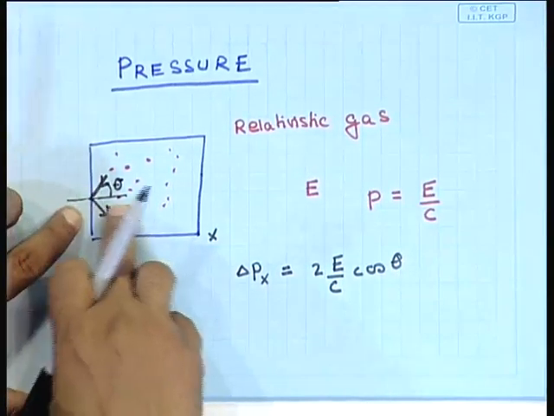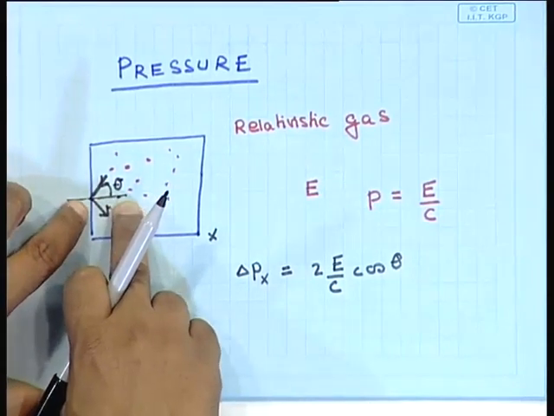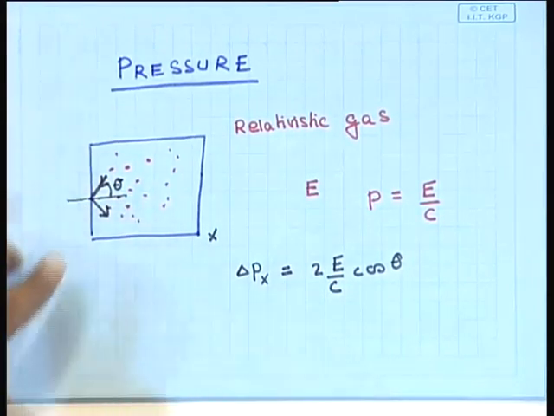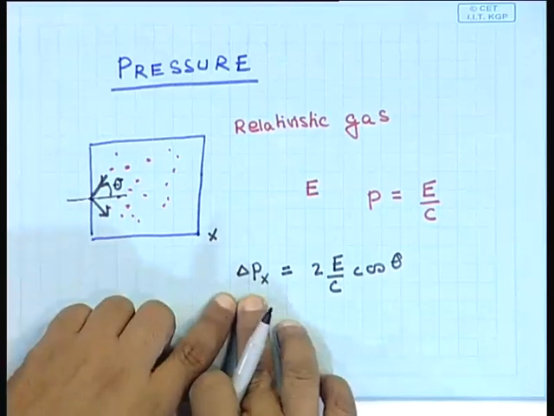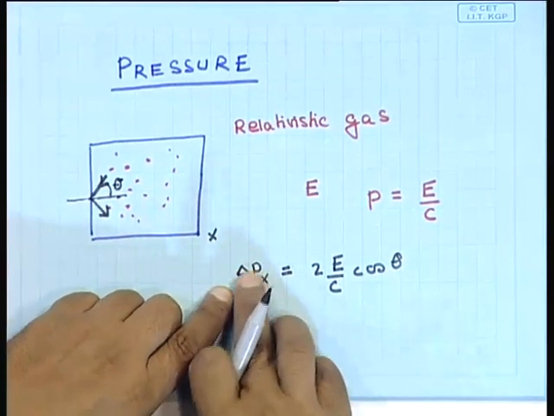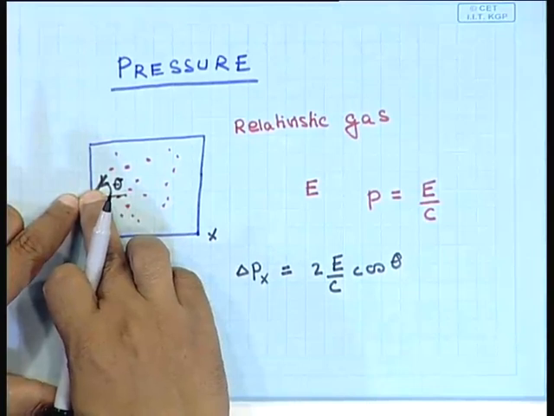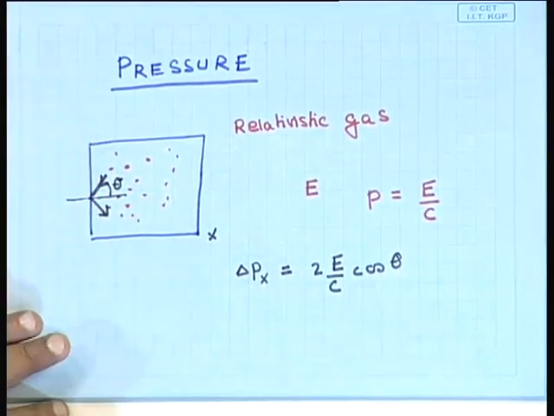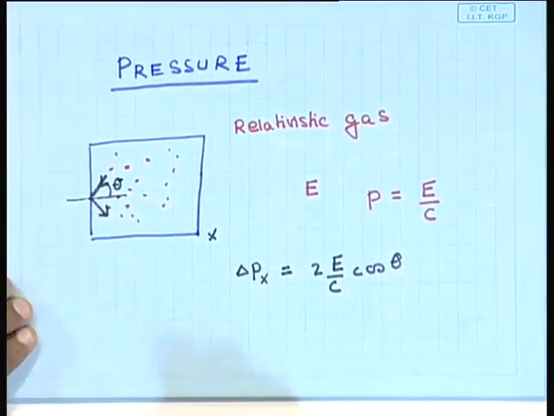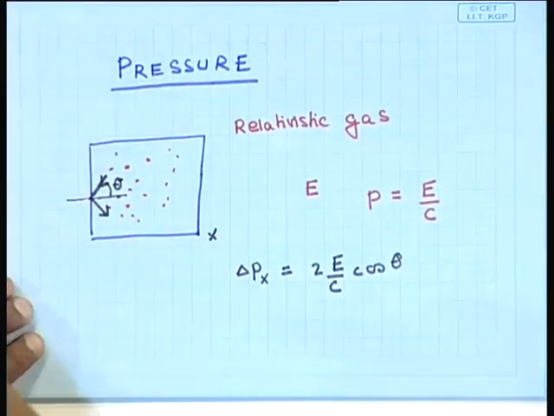So, we are interested in the x component of the force only. We have already calculated the change in the momentum when one particle collides. The question is, per unit area in 1 second how many particles are going to collide, what is the rate at which the particles are crossing this surface? It is the number density of particles times the speed with which they are moving, right.